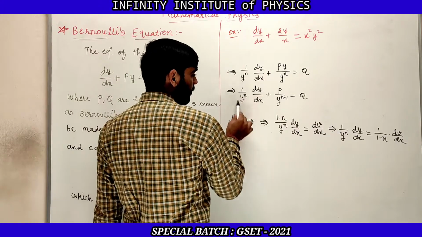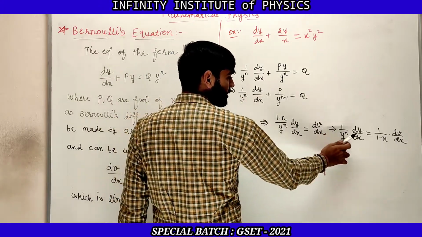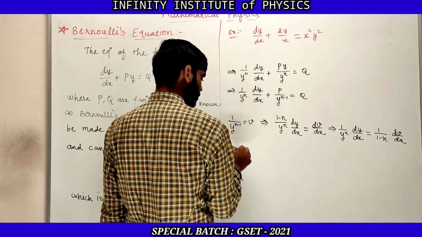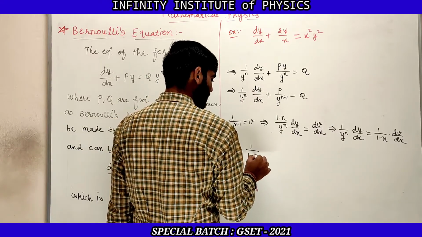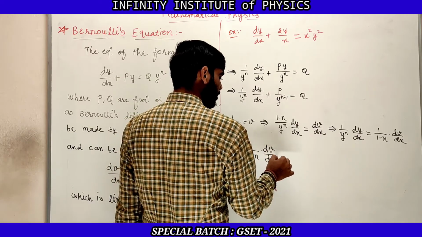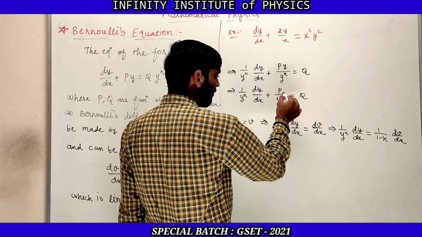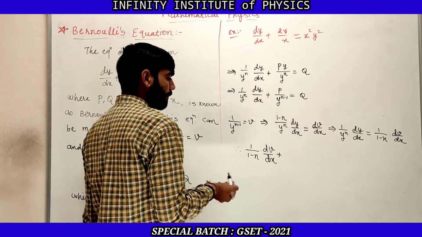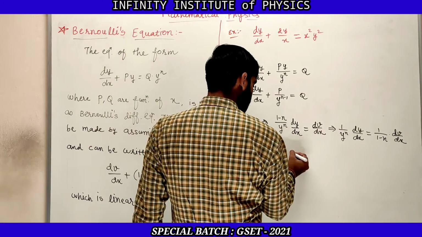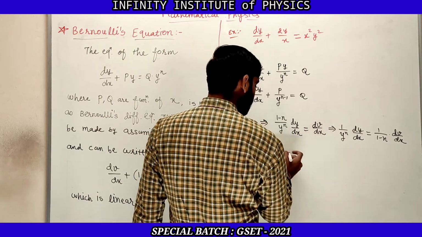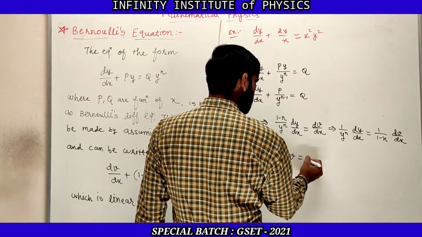Then it will be 1 upon y dy by dx, that is 1 upon 1 minus n into dv by dx plus p by 1 upon y raised to n minus 1, y raised to n minus 1, that is v. So it is 1 upon pv, which is equal to that q.